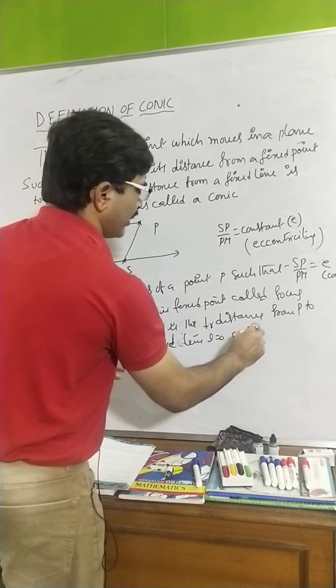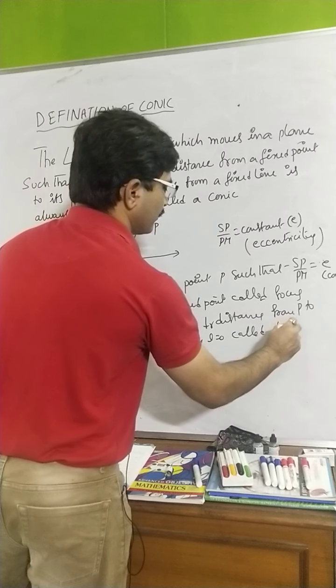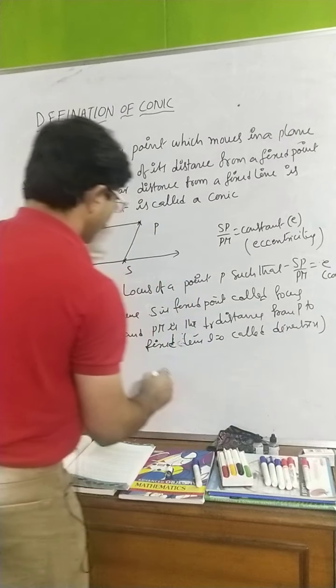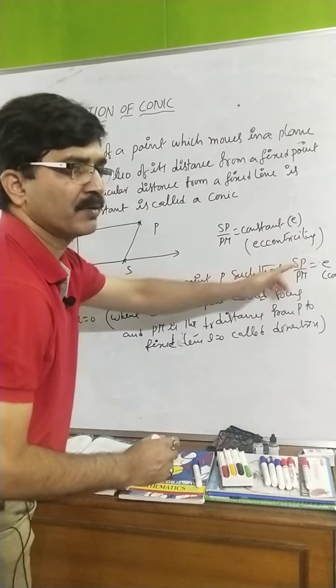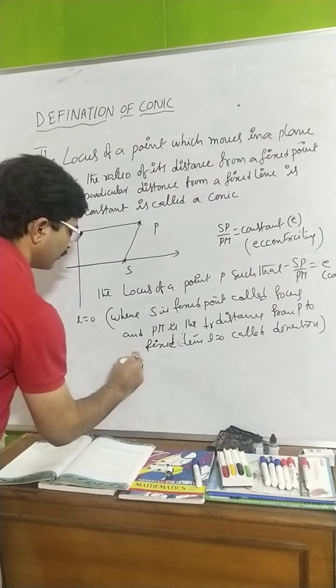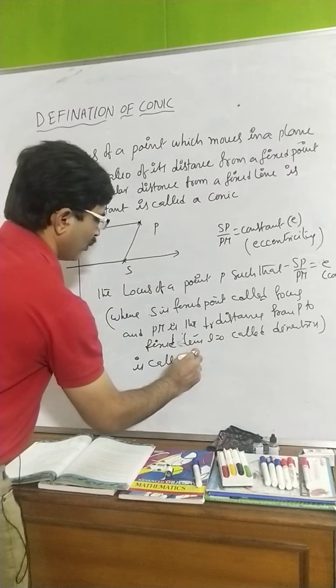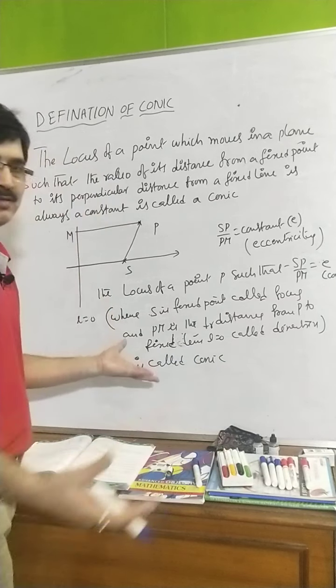This fixed line is called directrix. Okay, the locus of the point P such that SP by PM is equal to E is called conic. You can say like this also.